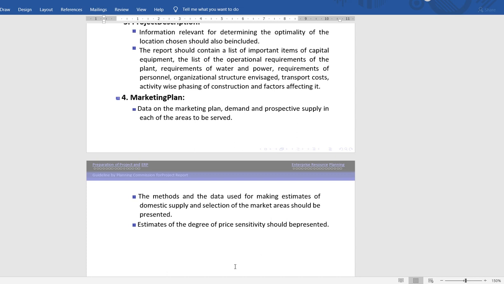The method of the data used, forming estimates of domestic supply, and selection of market areas should be presented. It should also contain an analysis of the past trends in prices for that product.